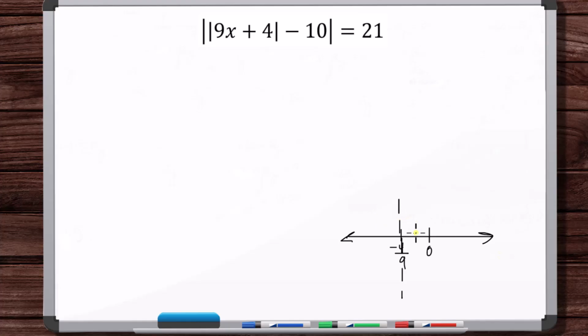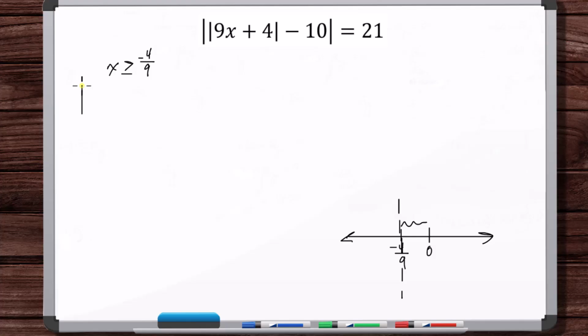So, okay, if x is greater than or equal to minus 4/9, then 9x plus 4 is going to be positive or 0. So for this entire equation here, let's analyze this equation just for values of x that are greater than or equal to minus 4/9.